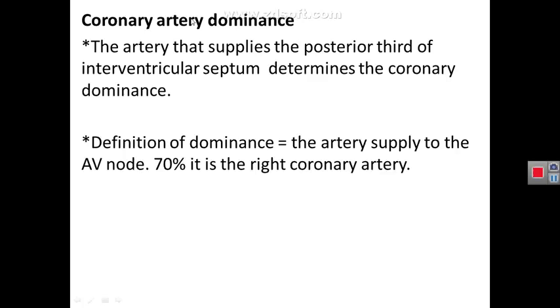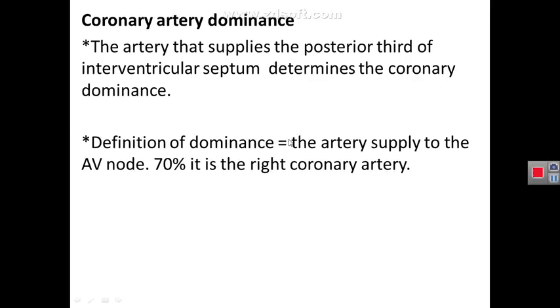The term dominance of the coronary artery refers to arterial supply to the interventricular septum. Of the right or left coronary artery, if one of them supplies the posterior third of the interventricular septum, then it is considered the dominant artery.